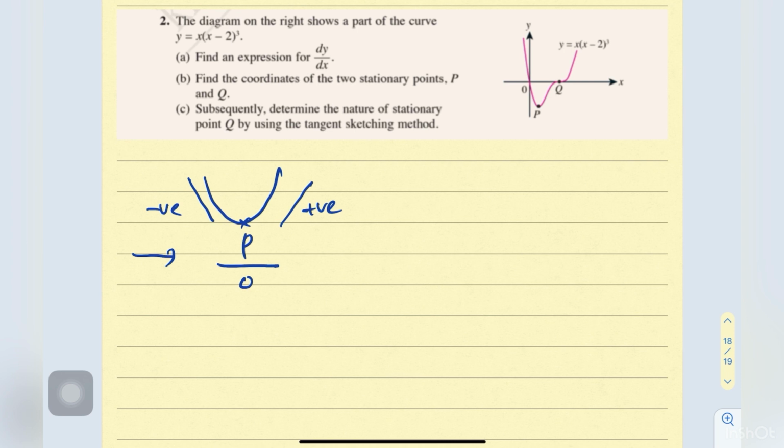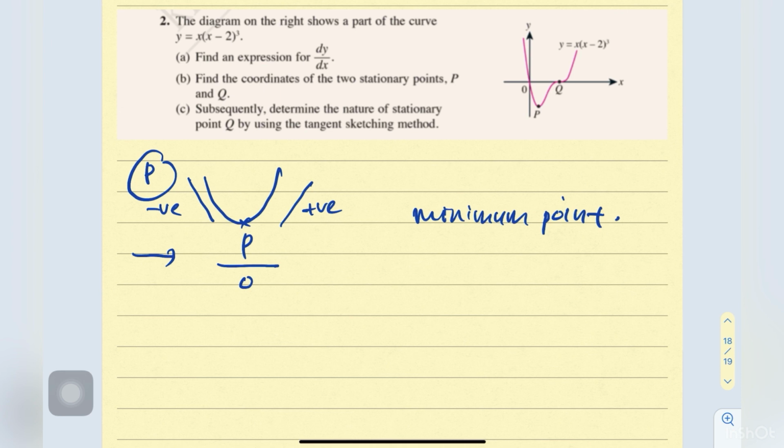When x increases, the gradient changes from negative to 0 to positive, meaning it is a minimum point.